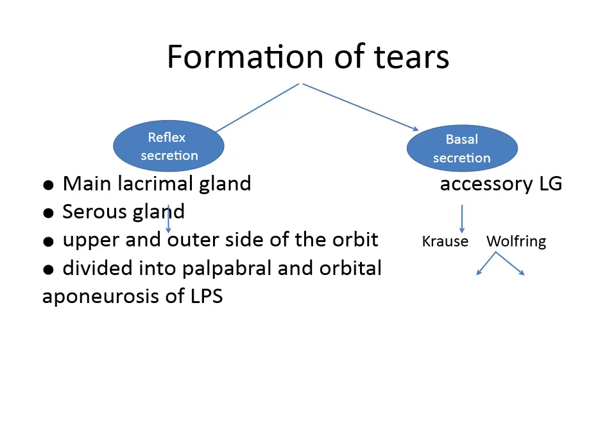This main lacrimal gland is a serous acinar gland, situated in the upper and outer part of the orbit, the lateral side. It is divided into two parts, a palpebral and an orbital part, by the aponeurosis of the levator palpebrae superioris muscle. Clear?